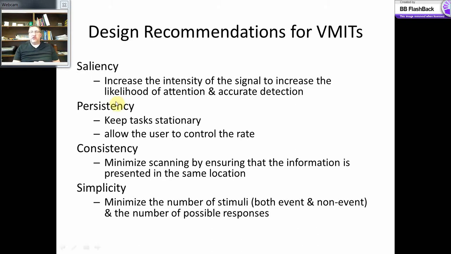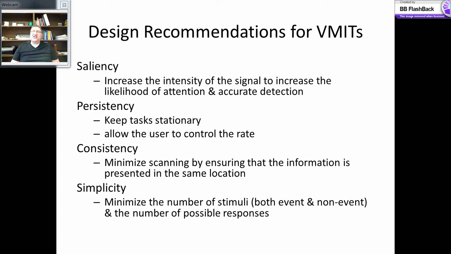All right, persistency. Persistency and consistency are very similar. I'll try to elaborate on them, okay? Best thing to do is just remember the bullets I have here for them. Persistency is letting the user control and know what's coming.